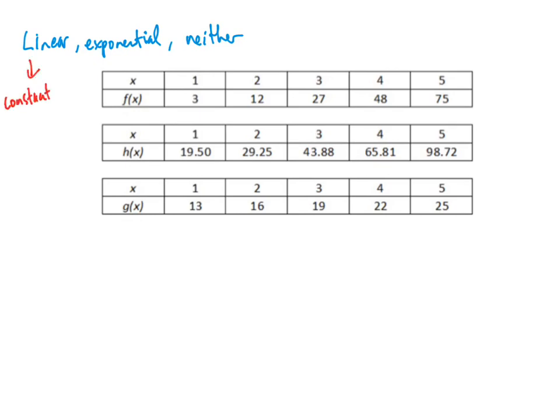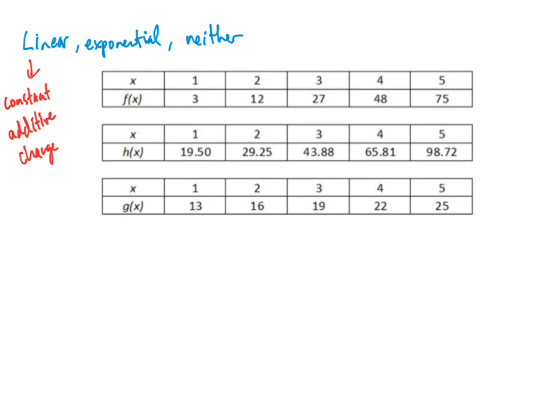What that means is we are adding the same amount each step of the way. So by saying constant, we say a constant additive change. So we are either always adding the same amount or subtracting the same amount.